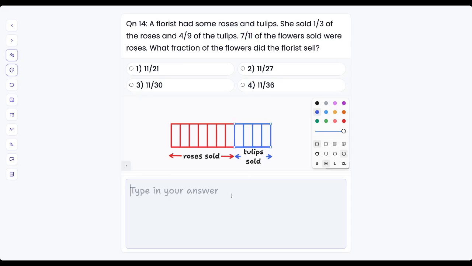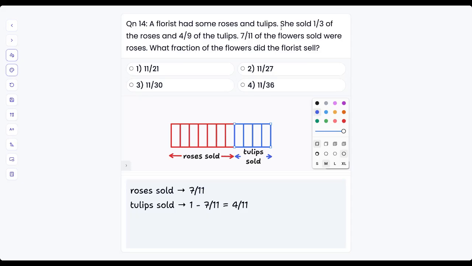So roses sold is 7 out of 11, and tulips sold is 1 minus 7 out of 11, which is 4 out of 11.